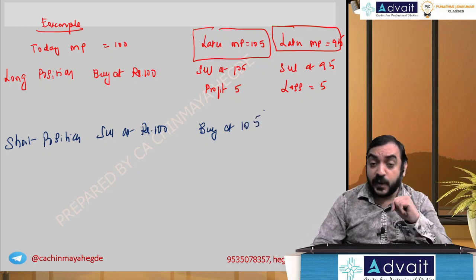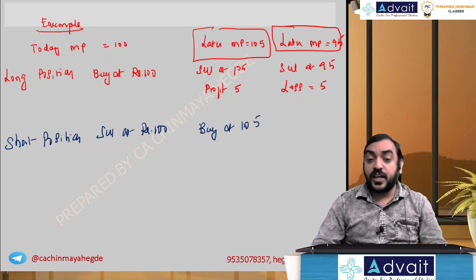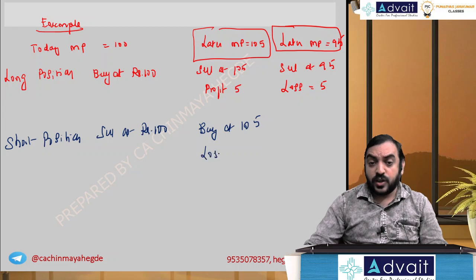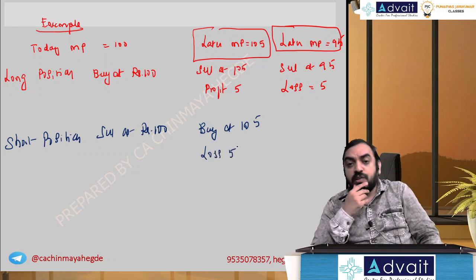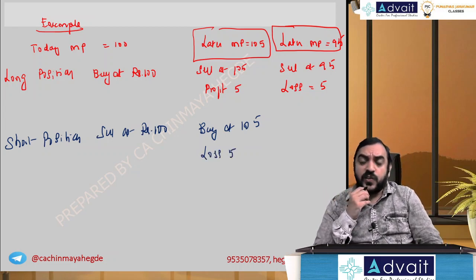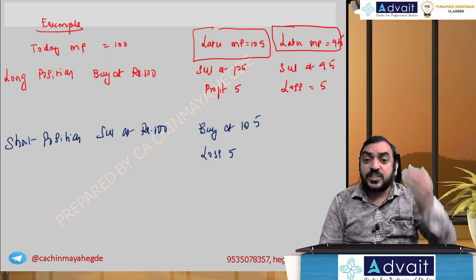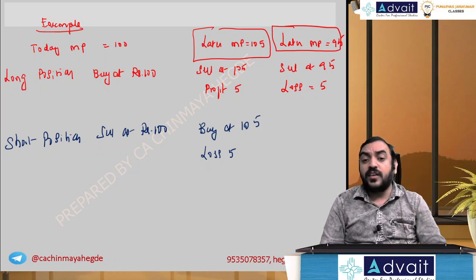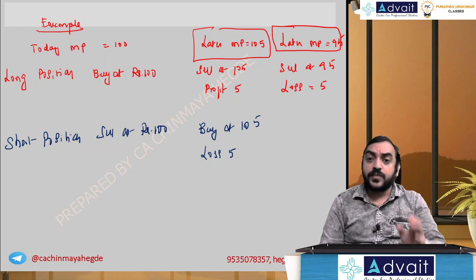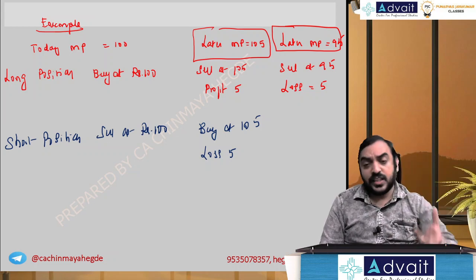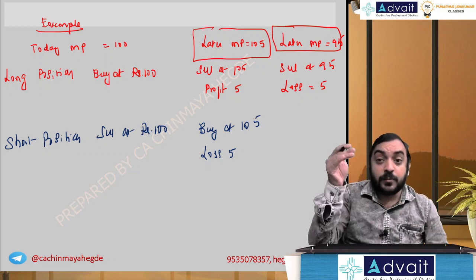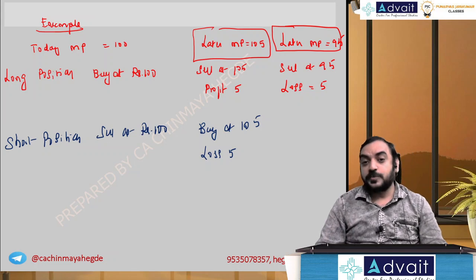You are selling at 100, buying at 105. So you will have a loss of 5 rupees. What is the reason behind this loss? Your position going wrong. Your expectation going wrong. Short position means expecting market price will fall below 100. It went to 105. It went in the opposite direction. Yes, you have to suffer a loss. Even when the market is going up, you can make a loss.